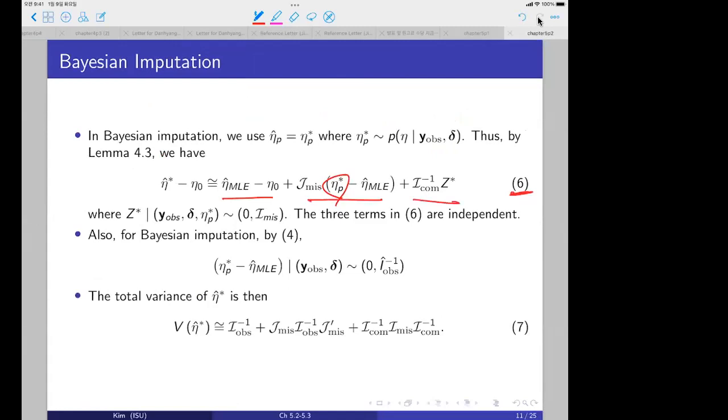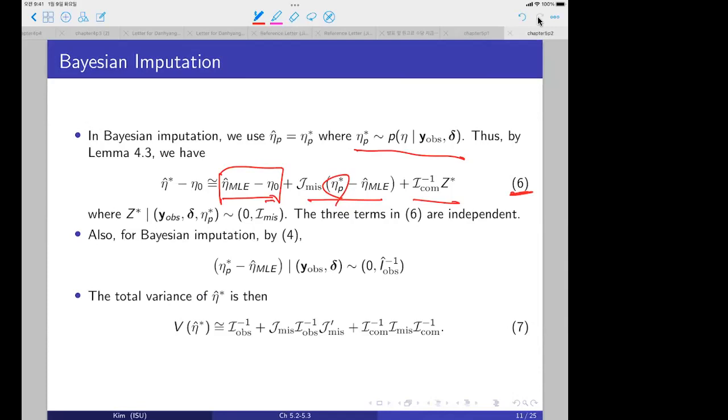Here you can view it this way. The first one is the genuine one. The second term, you are actually creating an imputation, generating the parameter, so you create the randomness from here. This difference is the randomness due to step 1 of the imputation mechanism.